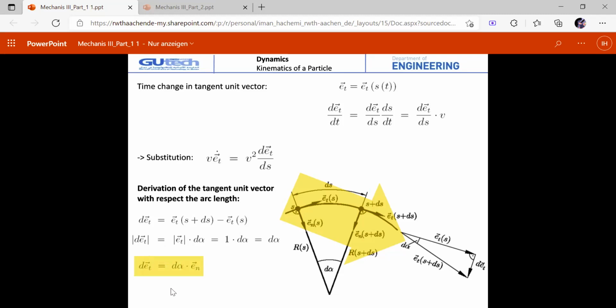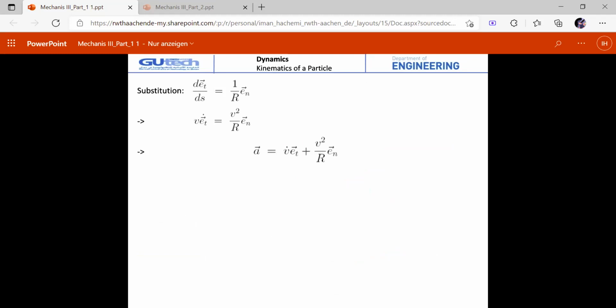You have to keep this in mind for the tutorial. Now, if we substitute, dEt over ds is only 1 over r, the radius, times En, and if we replace it, we have v times the derivative of the unit vector in the tangential direction.